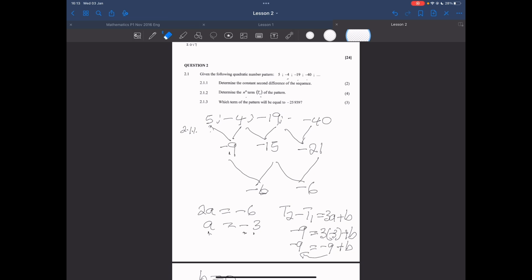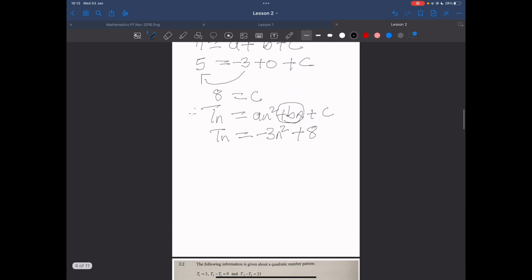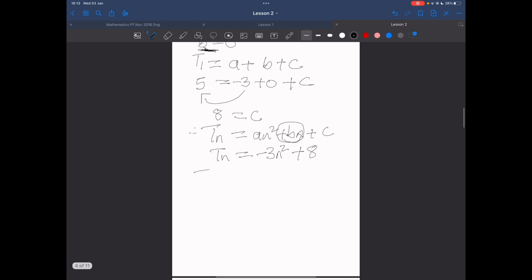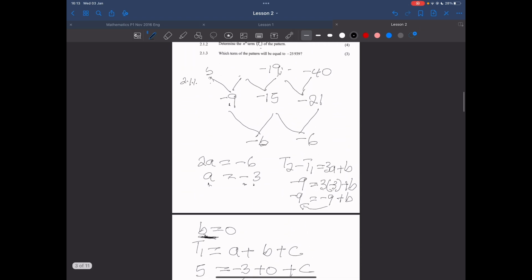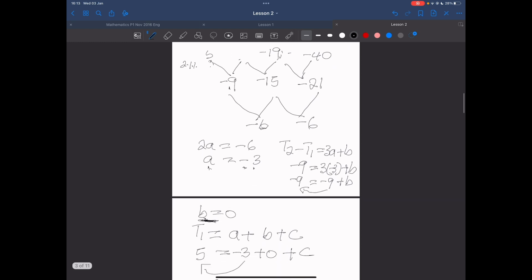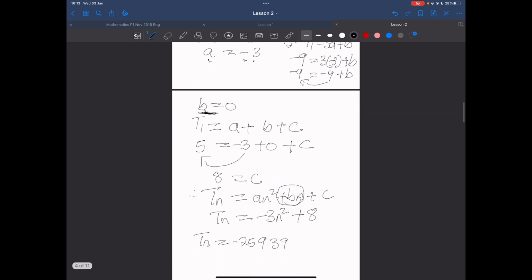Now the question is, which term of the pattern will be equal to negative 25,939? Wow. So this term, we call it term n because we want to know what this n is.